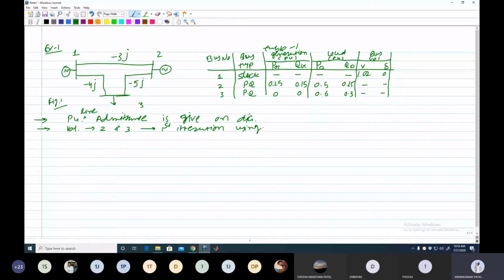So you have to calculate the voltages at bus number 2 and 3 after the first iteration using the GS method.